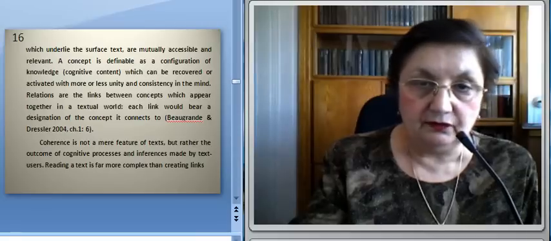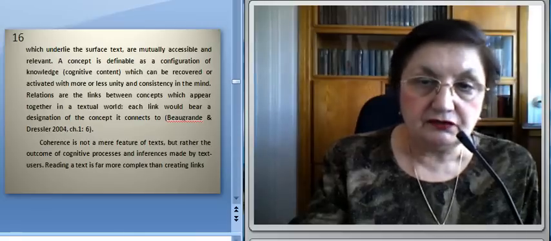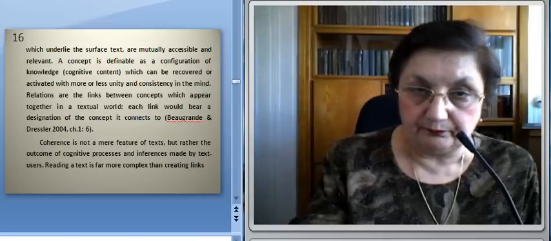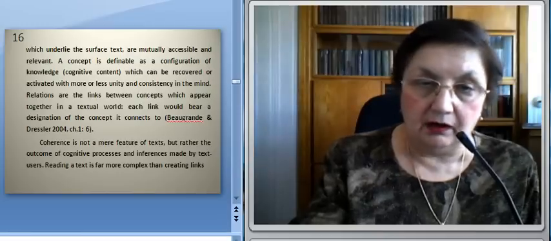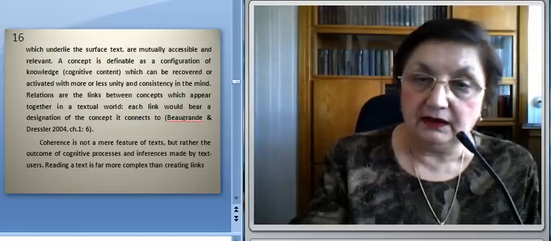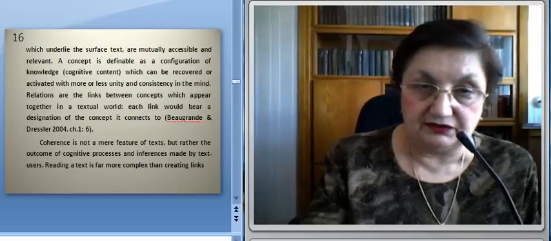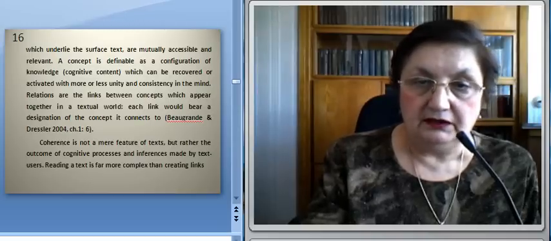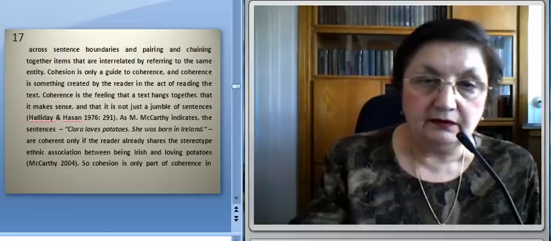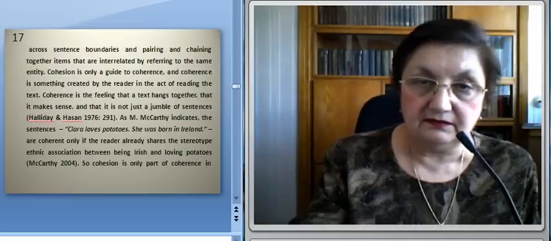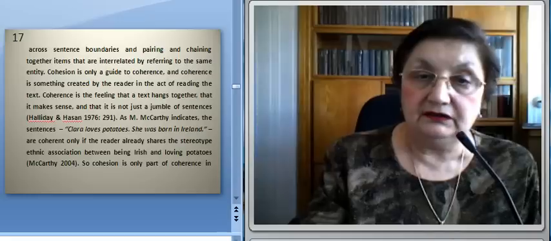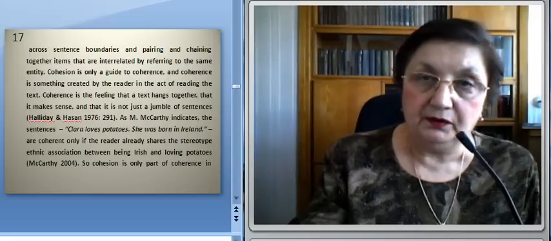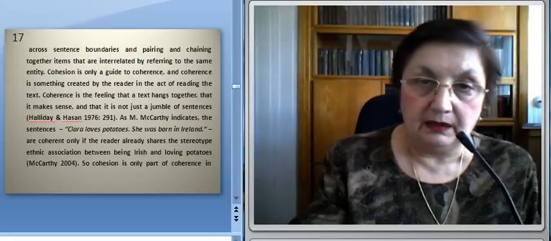Coherence is not a mere feature of text, but rather the outcome of cognitive processes and inferences made by the text users. Reading a text is far more complex than creating links across sentence boundaries and pairing and chaining together items that are interrelated by referring to the same entity. Cohesion is only a guide to coherence, and coherence is something created by the reader in the act of reading the text.